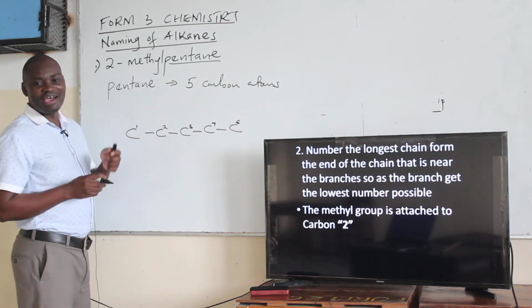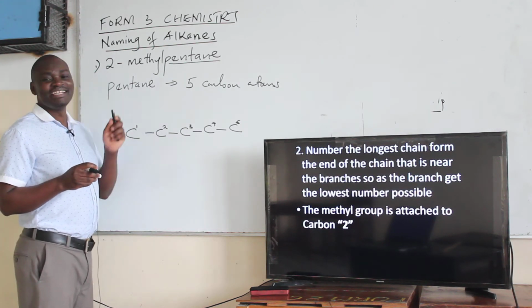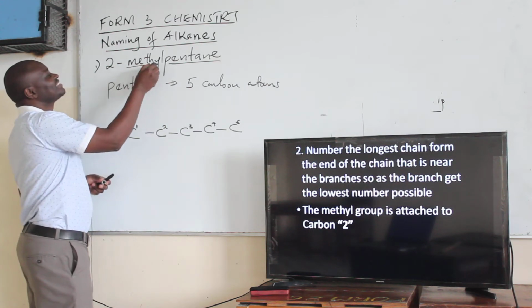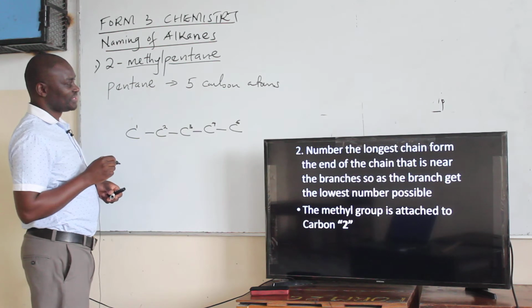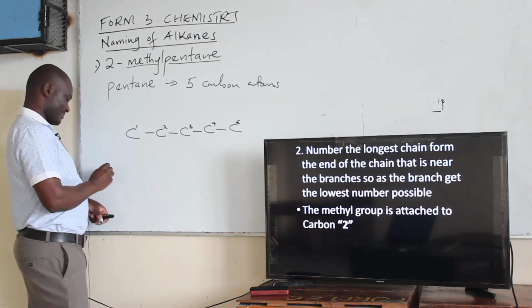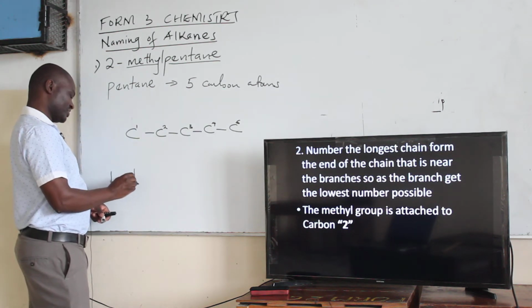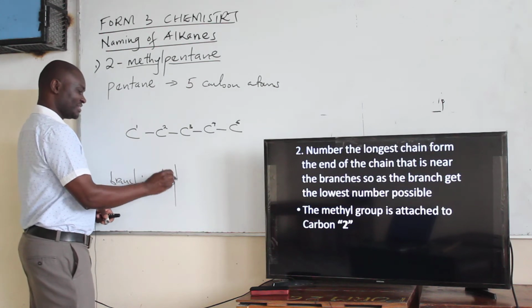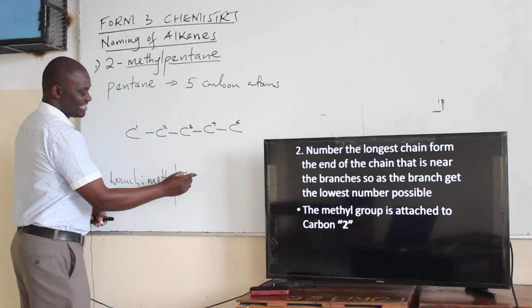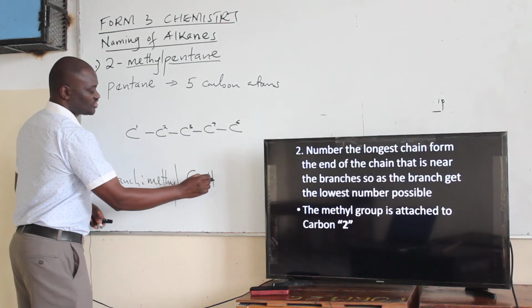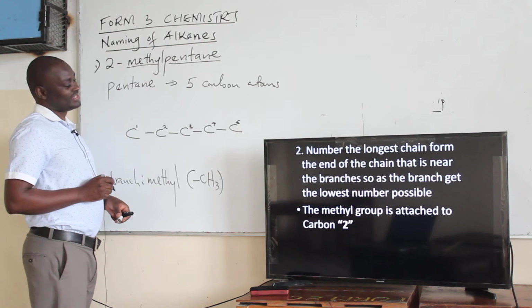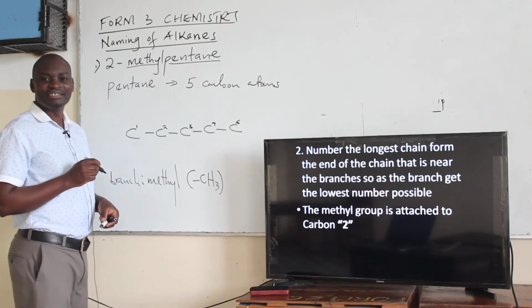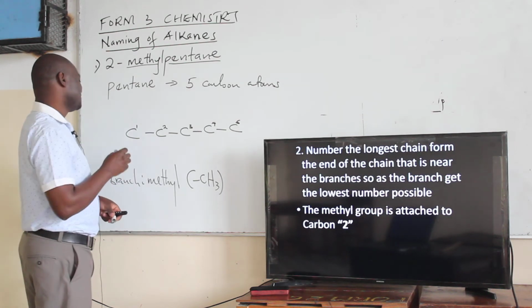Now, after numbering, we must identify the branch. The branch is a methyl group. How do we write methyl? Methyl is CH3. Then after that, we ensure each carbon has 4 bonds.